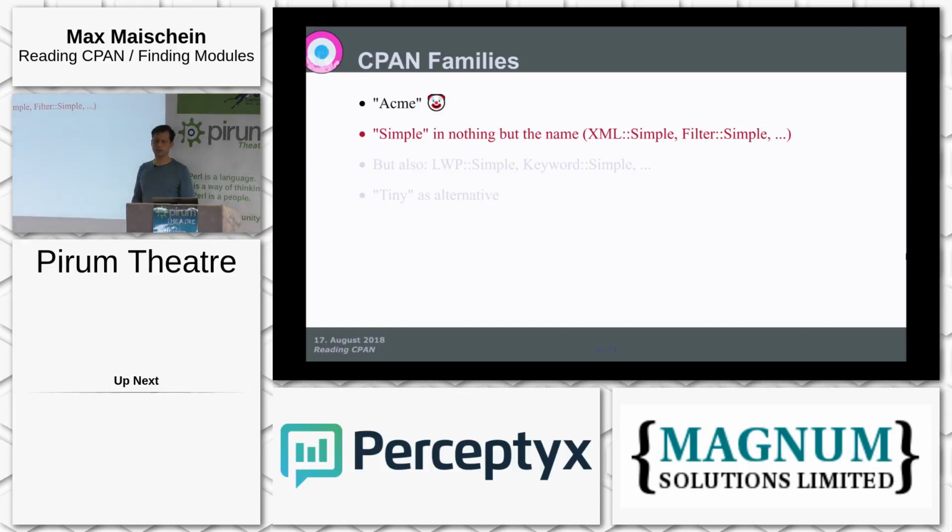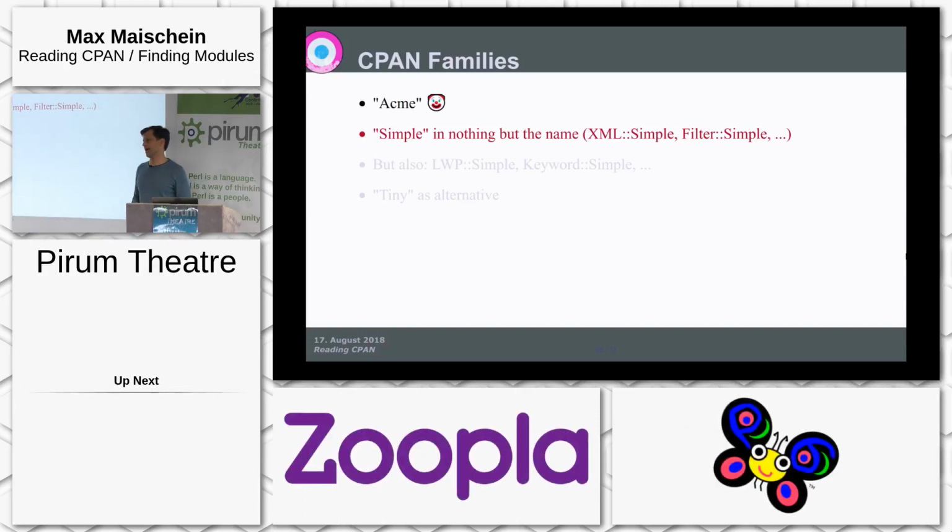Originally, I was going to rant about modules that carry simple in their name, because my rant was going to be that they usually are simple in nothing but the name, like XML Simple, which claims to make XML simple, but XML is simple until it isn't, and you only find out too late that you've maneuvered yourself into a rewrite of your program.